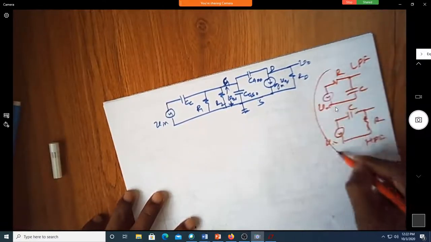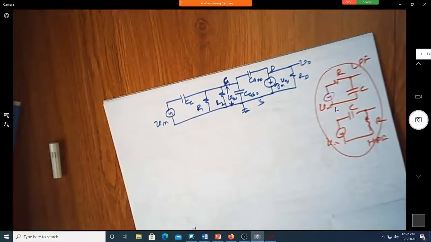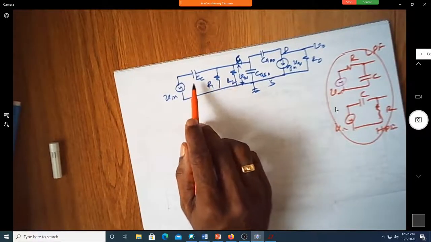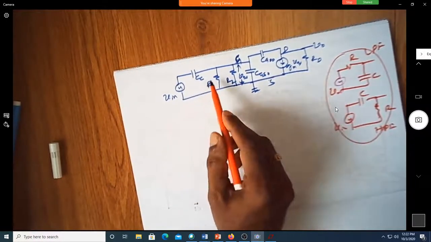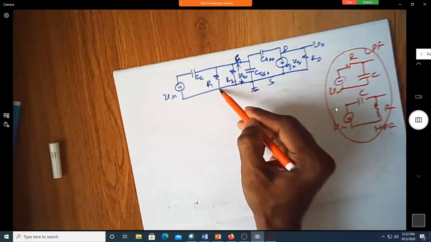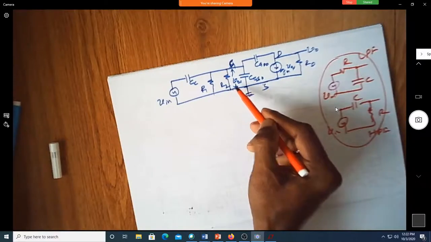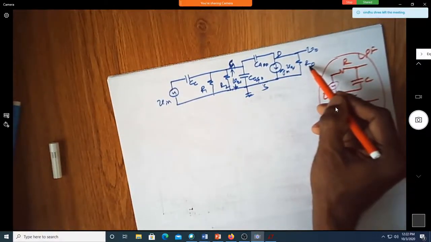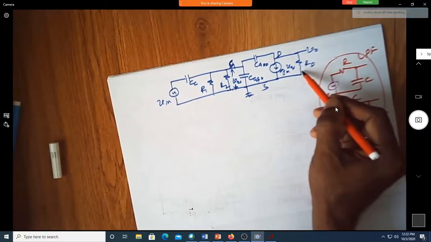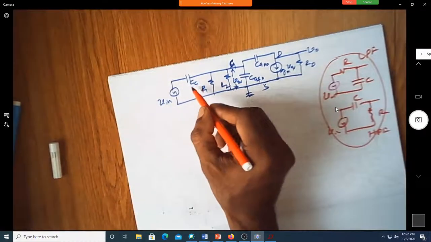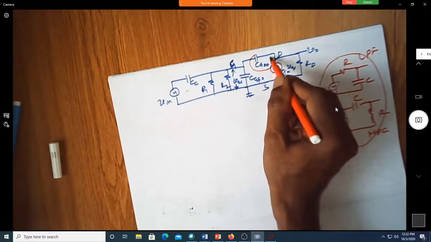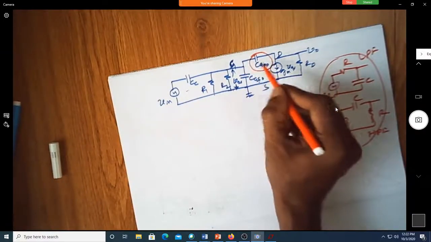Looking at this, is any component here connected to ground? R1, R2, CGSO, RD, yes, correct. But other than this, can you see this CGDO is floating between input and output?